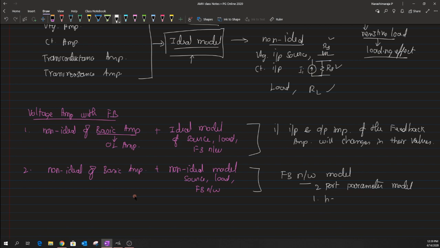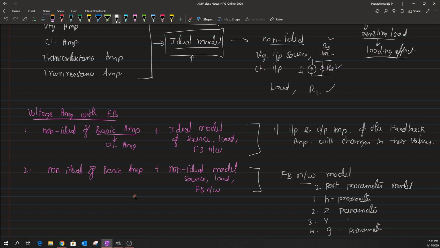The first one being the hybrid model or H parameter model. The second one is the Z parameter two-port model, the third one is the Y parameter model, and the fourth one is the G or conductance parameter model.